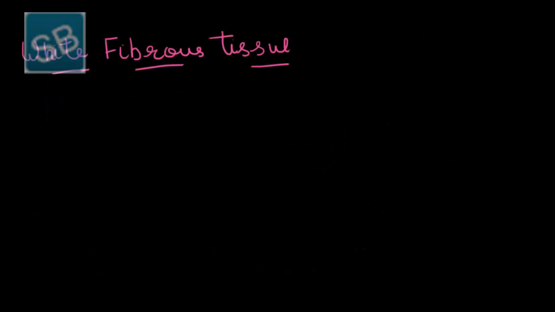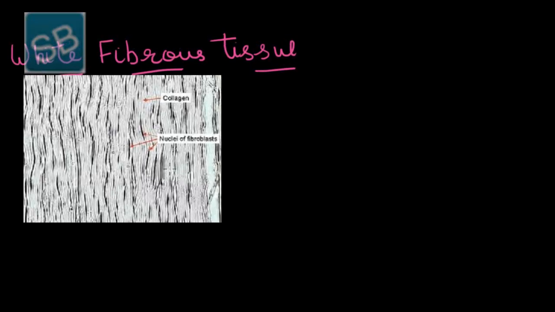Now let us study about third type of proper connective tissue, that is white fibrous tissue. This figure shows the structure of white fibrous tissue under microscope. As it can be seen from the figure, this tissue comprises of protein collagen and fibroblast cell. As stated earlier, collagen protein constitute the white fibrous component, and that is why the name is white fibrous tissue. Apart from that, the ground substance consists of fibroblast cell.